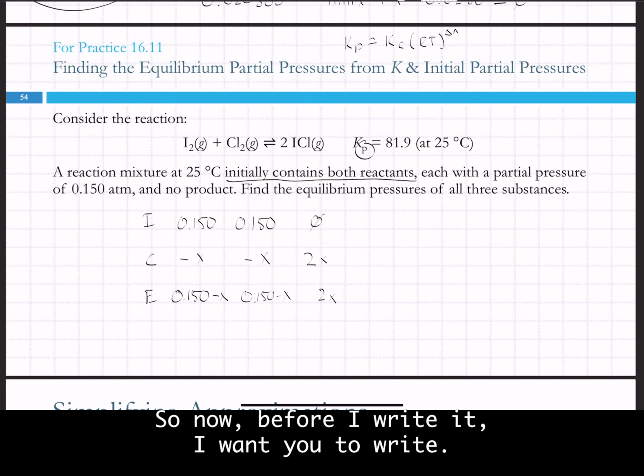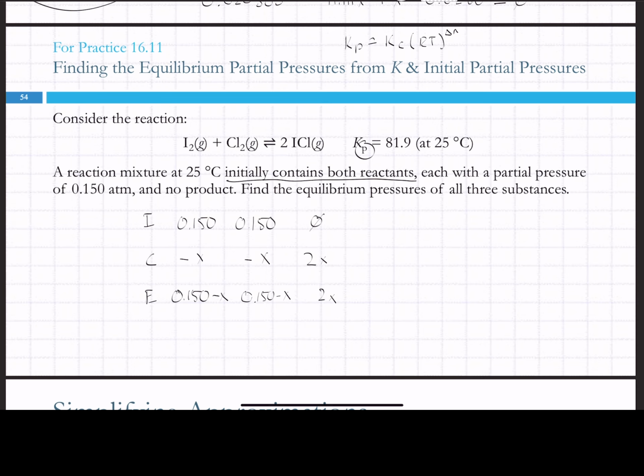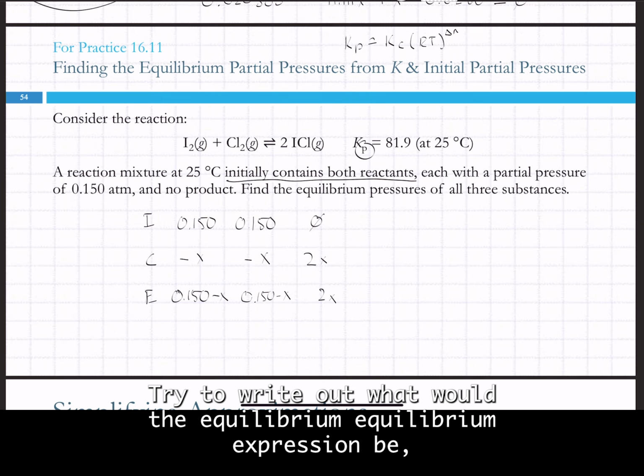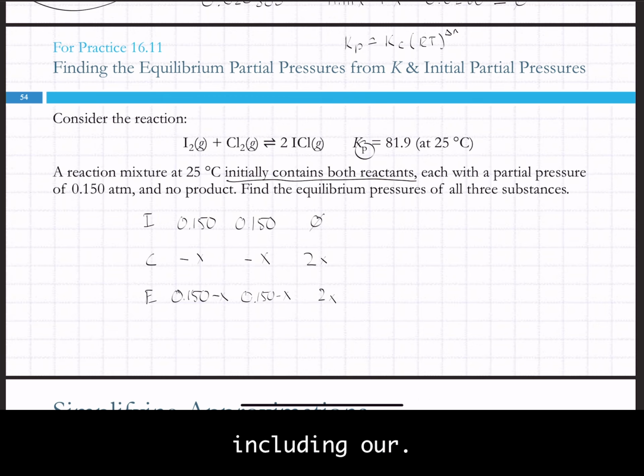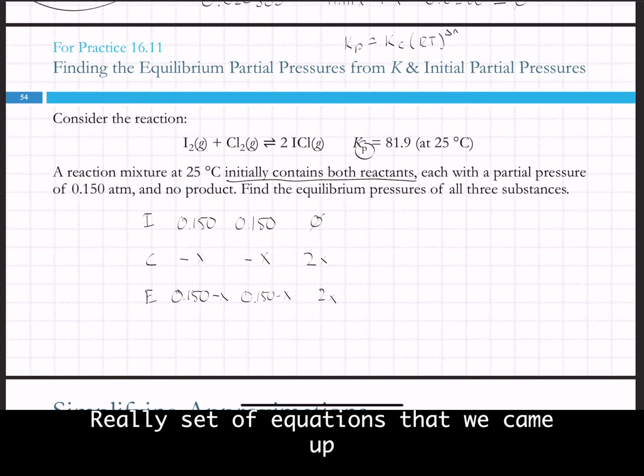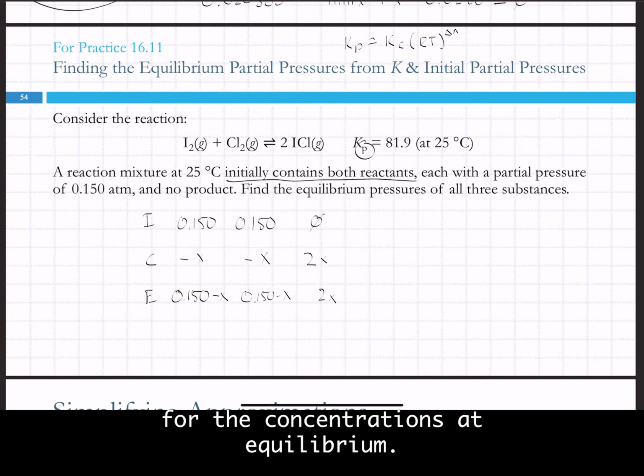So now before I write it, I want you to try to write out what the equilibrium expression would be, including our set of equations that we came up with for the concentrations at equilibrium.